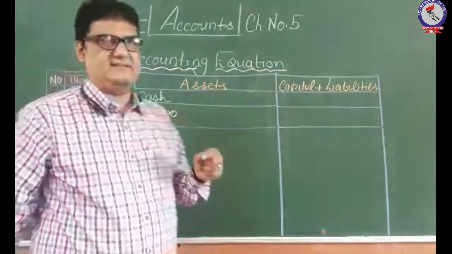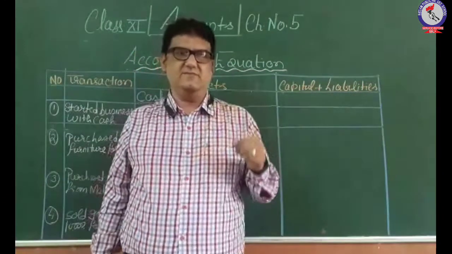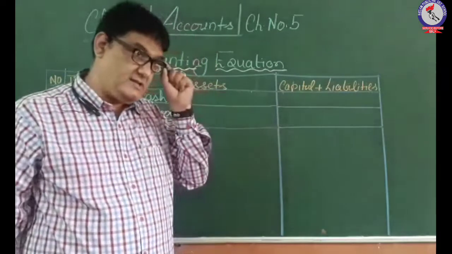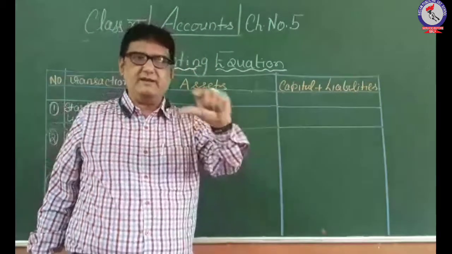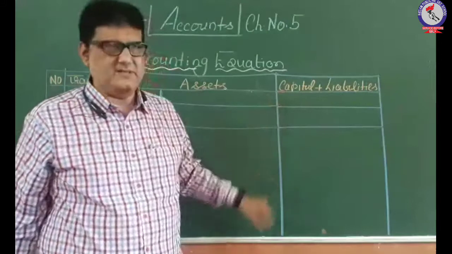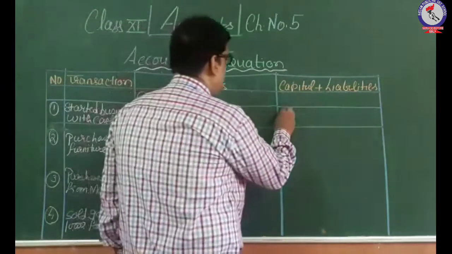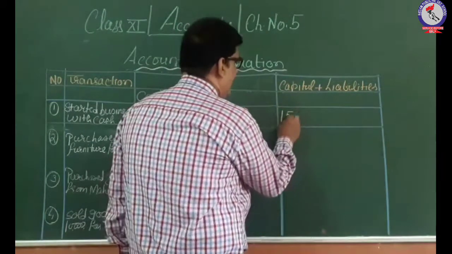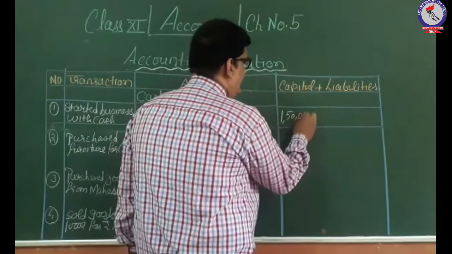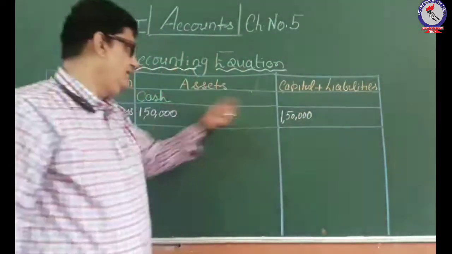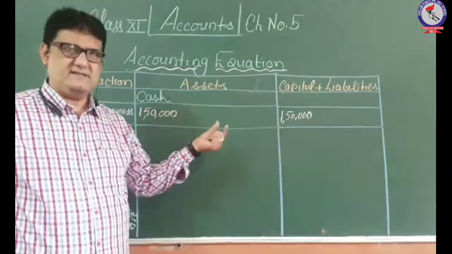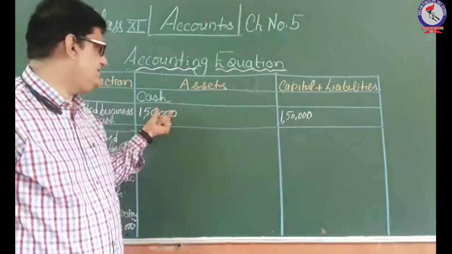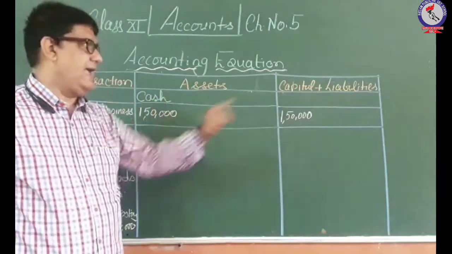Simultaneously, since this is the first time we have introduced cash in the business, it will also increase the capital of the business. So capital is also increased by 1,50,000 rupees.